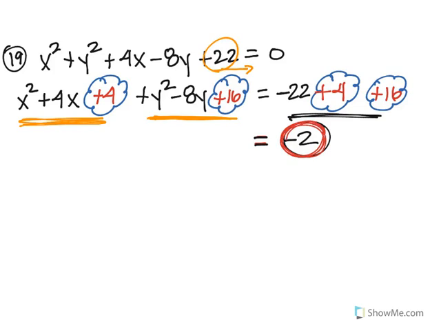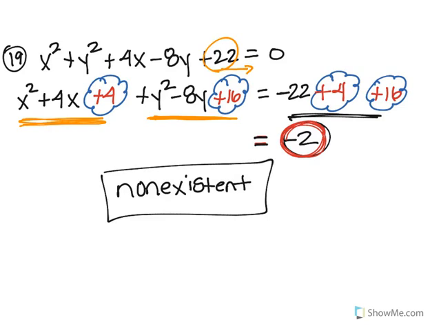And when we know that it has to equal the number that you got to take the square root of to get your radius, that number got to be positive. If it's negative, we're going to have imaginary numbers. So you should remember from class that it can't be equal to a negative. So that means that this circle is non-existent. That's the answer you got to give me. It's non-existent. And that's mainly because it's equal to negative 2.